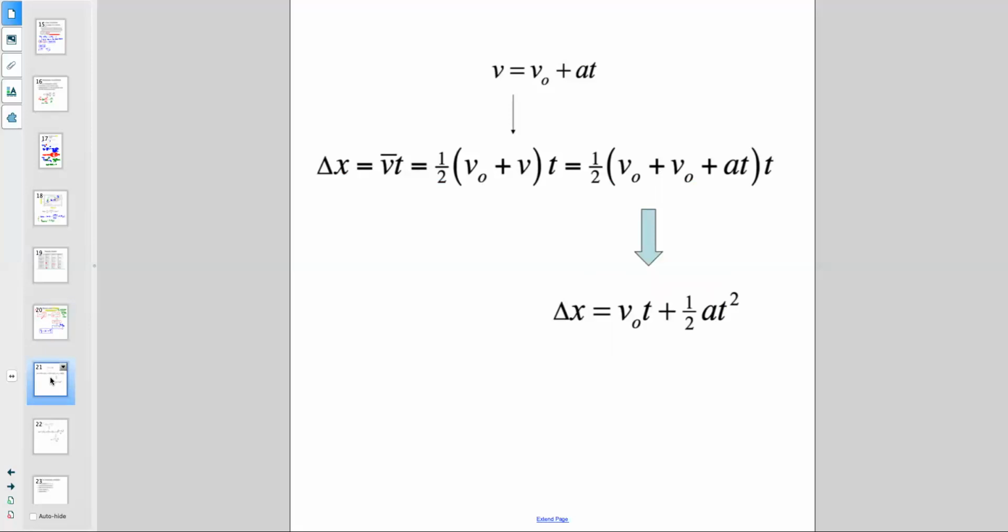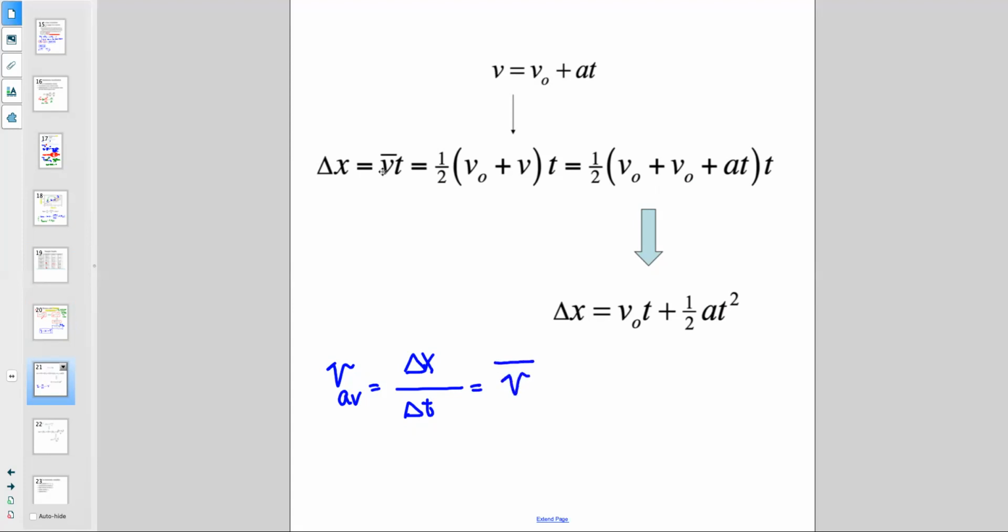Now, the average, and let's do this. So now what I have here, do you remember the V average formula? It was delta X over delta T. And I told you a lot of times, instead of using V average, we just use V bar on top of it.